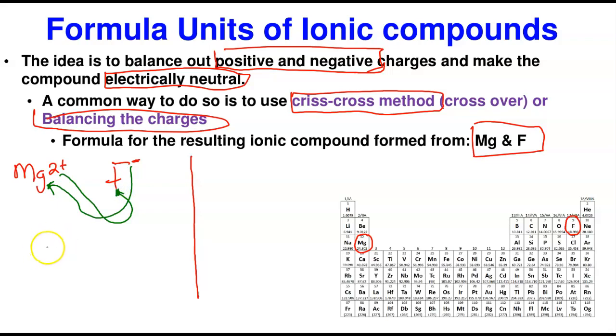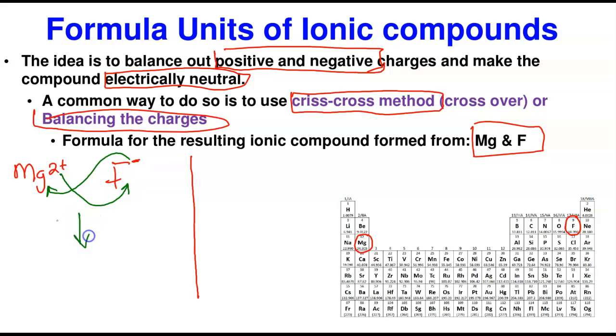So what do I have at the end of the day? I form a compound that becomes, okay, this doesn't look clean. Let me make it cleaner, there's a way I usually draw this. So this goes to become a subscript, and this goes to become a subscript. They transfer the magnitude of those charges.